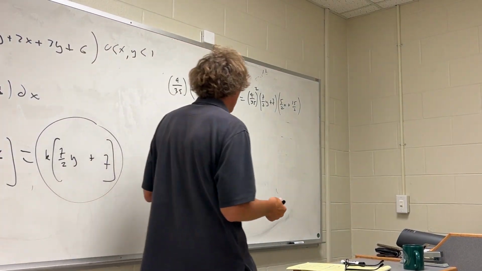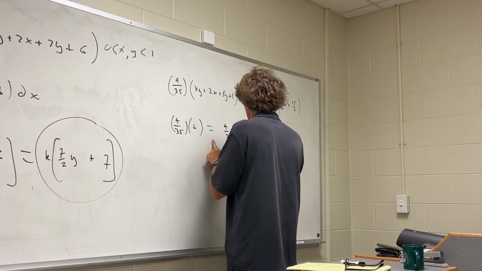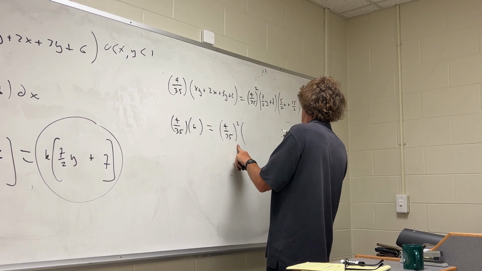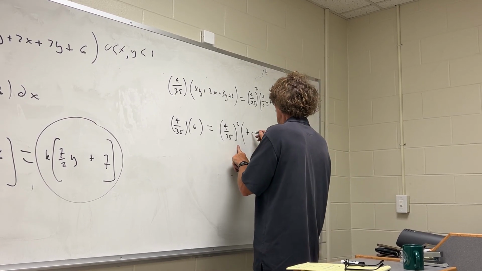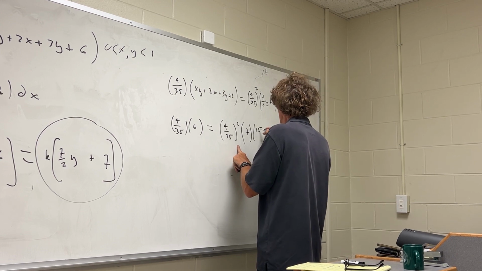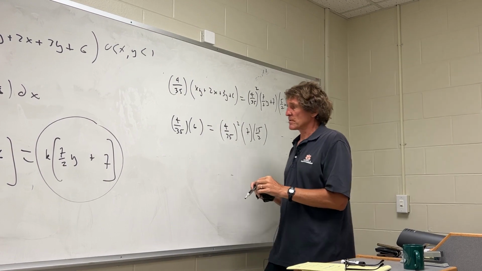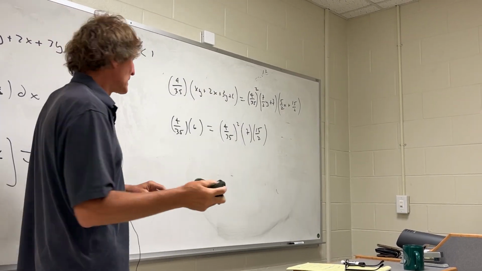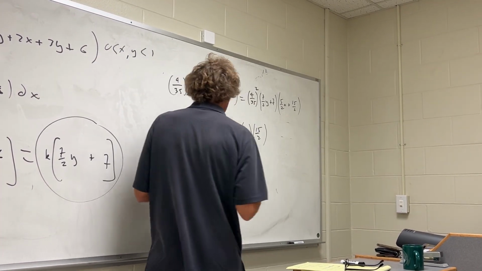On this side, if xy is 0, I have 4 over 35 squared, and then I have 7 times 15 over 2. I can get rid of one of those 4 over 35s, a constant k. Do you all agree with this?